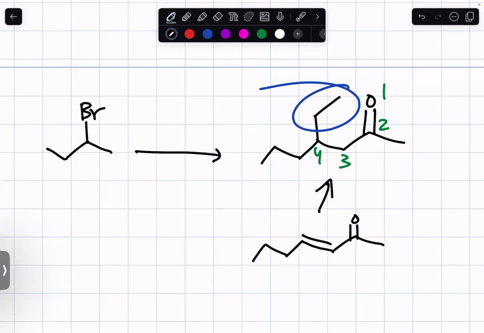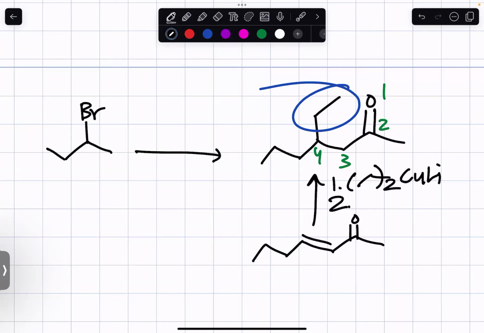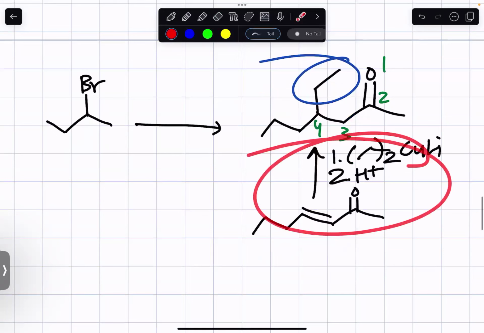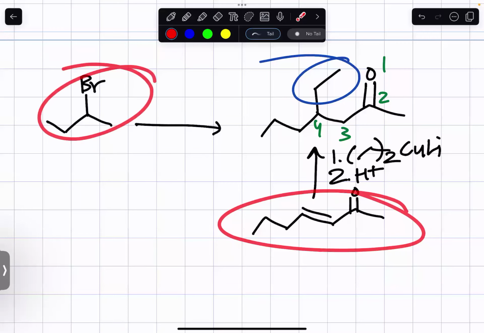What kind of reagent do we have to use to attach an R group to the beta carbon? A conjugate addition or a 1,4 addition? 1,4. Yep, 1,4 addition. And then what reagent do we need to use to do this here? The Gilman. Right, the Gilman, where that's the R group 2 and then copper, lithium, and then second step, acid workup. Right, that's the last step right there. Now we gotta try to create this from this here.